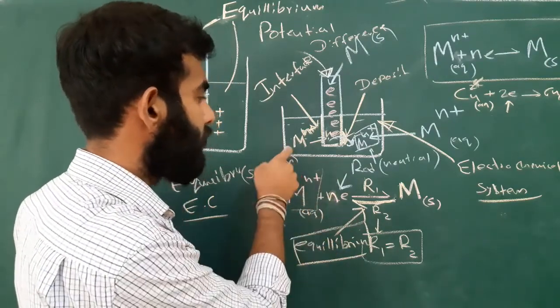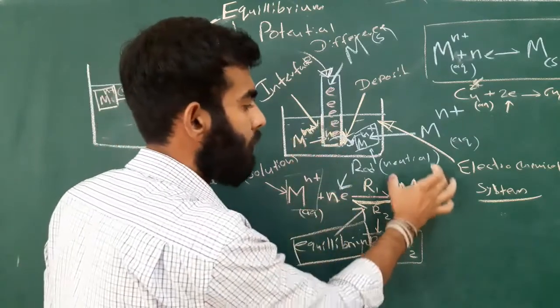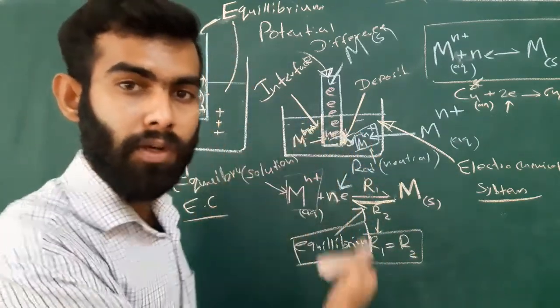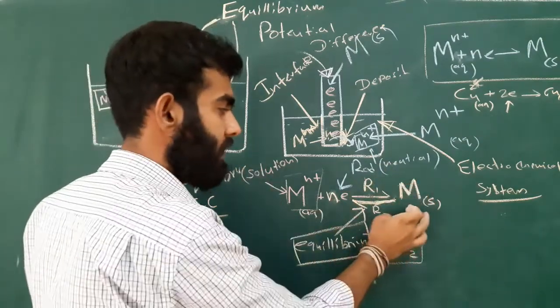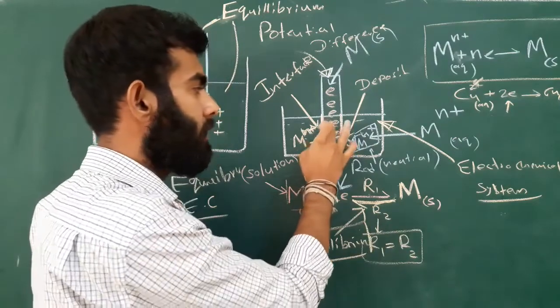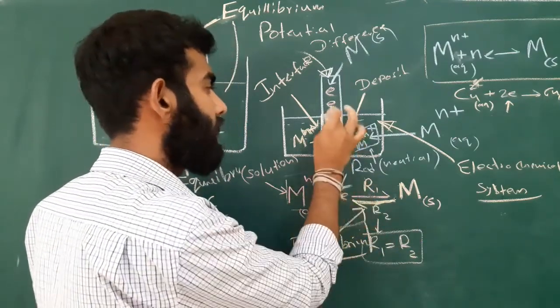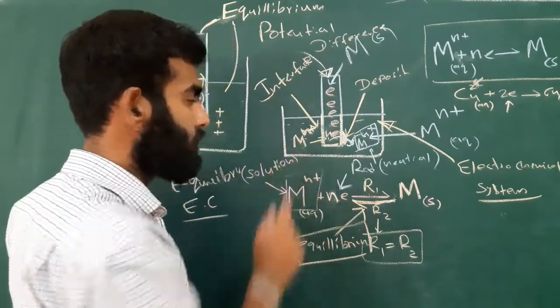Mn plus from the solution will get n number of electrons from the rod, and it will form metal and be deposited on the surface or interface of the rod. It is the forward reaction. The backward reaction is this: the metal of the rod will lose its n number of electrons and keep those electrons on the rod, and metal ions come into the solution.